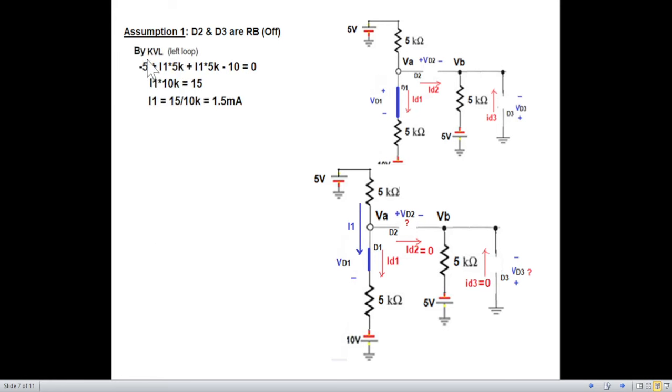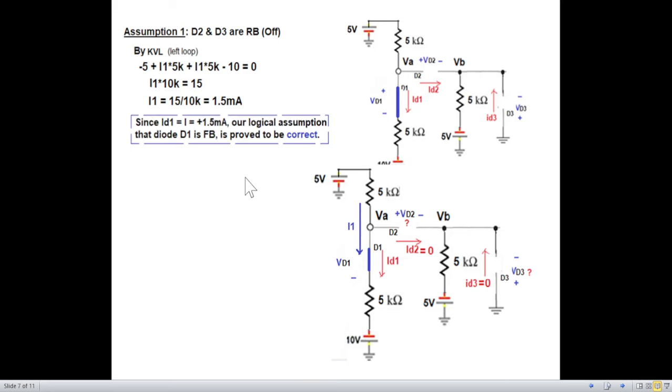KVL left loop: starting from here, it is minus 5, I1 into 5K, coming down, ID1 is the same I1, so I1 into 5K again, and this minus 10 volt battery. And from here, we find I1 to be 1.5 milliampere.